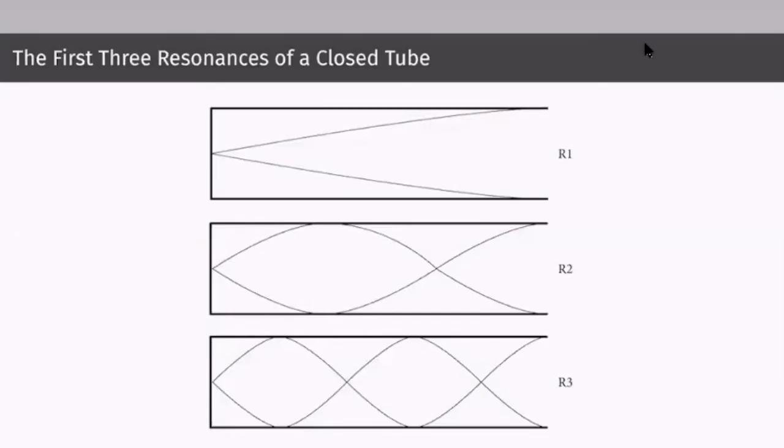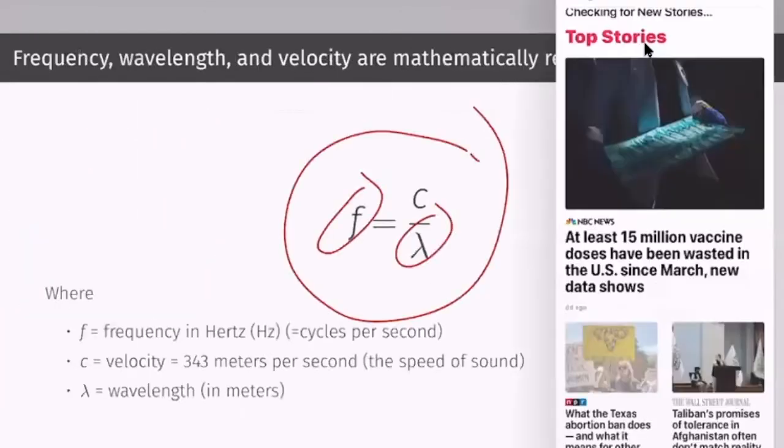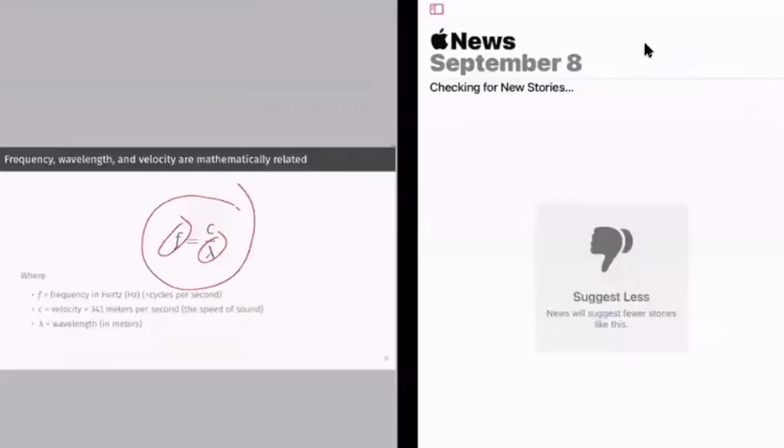So for R1, a complete wave, a complete cycle goes clear out here.